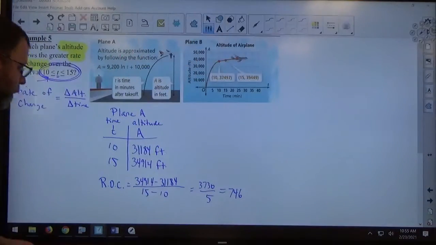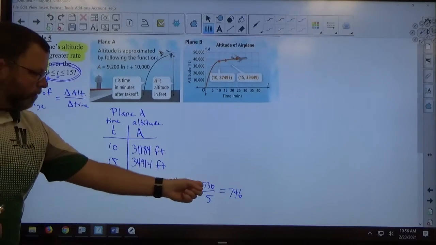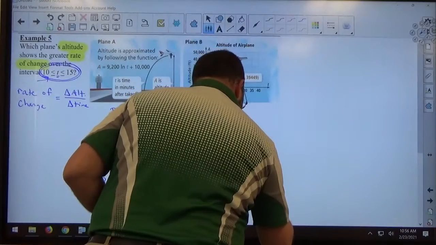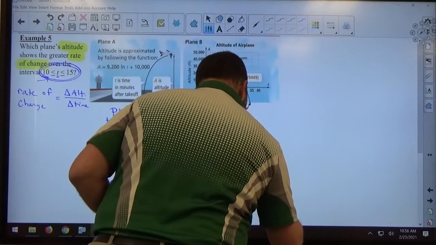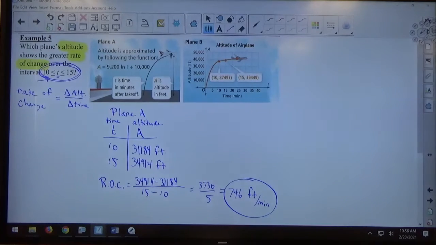Now, what unit is in the numerator of this fraction? The altitudes are in what unit? Feet. And the time is in what unit? Minutes. T is time in minutes. So if I'm doing a rate of change here, feet over minutes, that's going to be 746 feet per minute. Typically, your rate of change for this type of problem is going to be a speed.